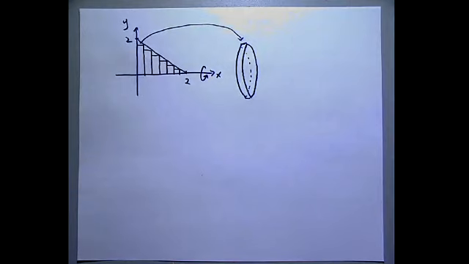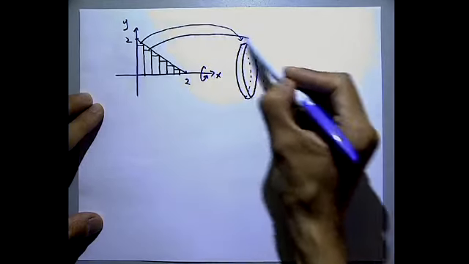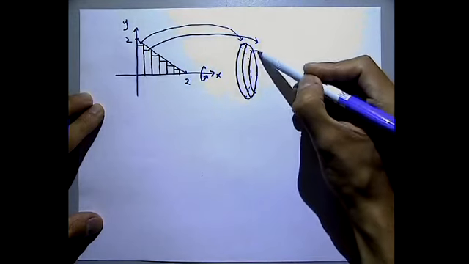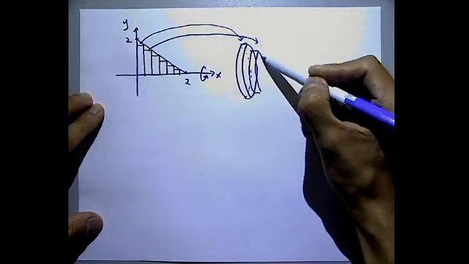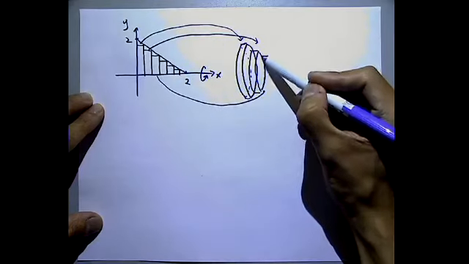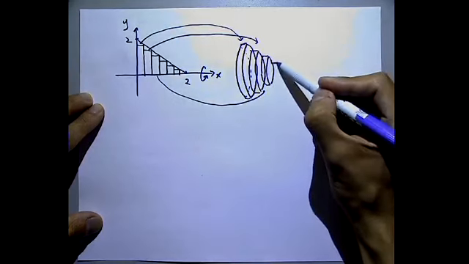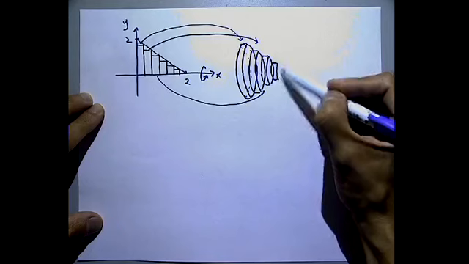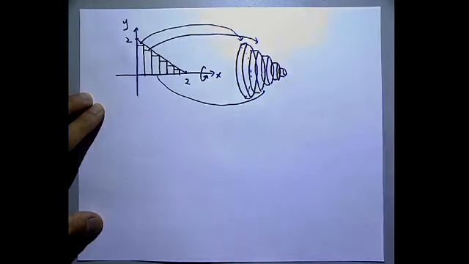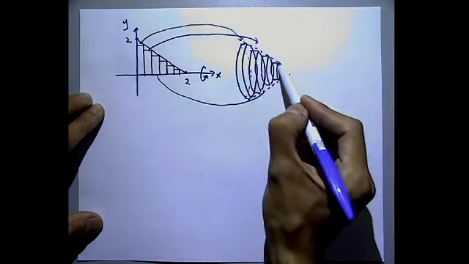Yes? And then notice this next one here. When I revolve that, I get a slightly smaller disk. And then when I keep going, and so on and so on. So I finally end up with something that kind of approximates the cone that we wanted.